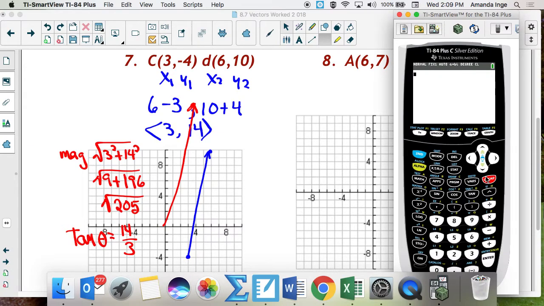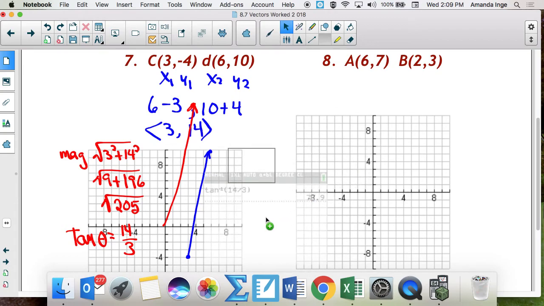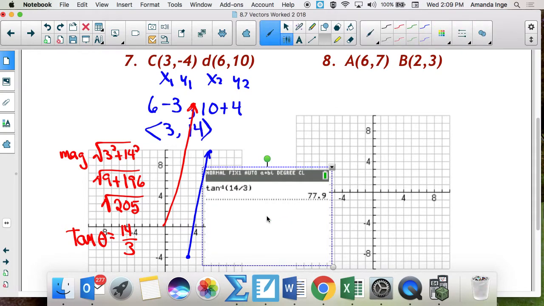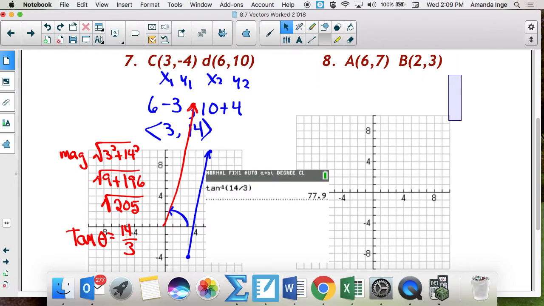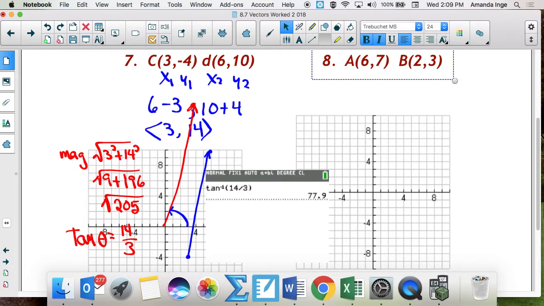So we have second tangent 14 divided by 3. And so we know that that is 77.9 degrees. So if we went from here to here, we'd have gone 77.9 degrees. Okay? Yes.